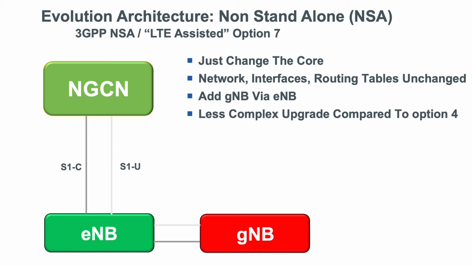So we simply add the new NB via the eNode B. This is actually a less complex upgrade compared to option number 4. Again, we have that other option, in this case option 7A, where we can connect the gNB, the next generation node B, on the user plane directly to the next generation core network.